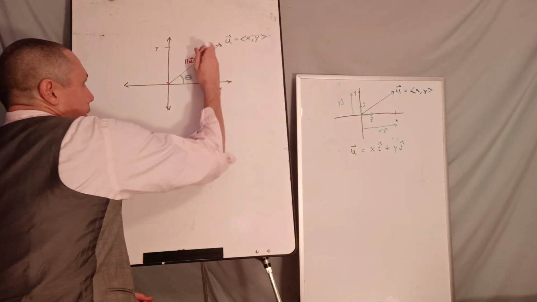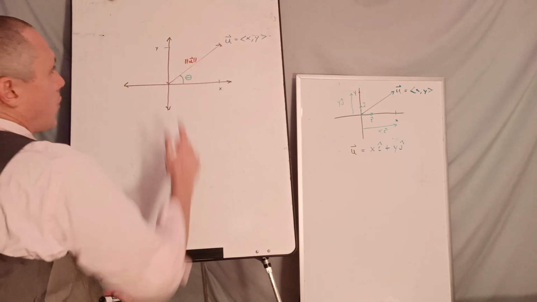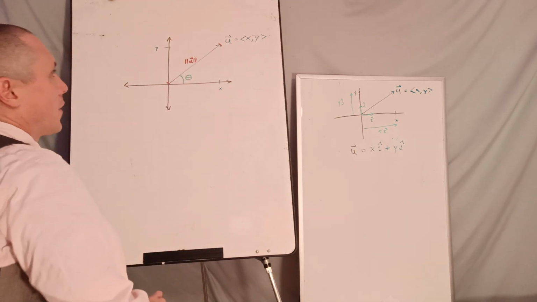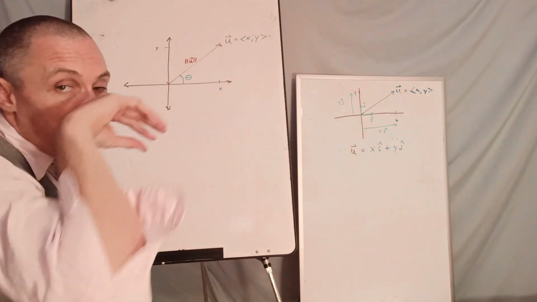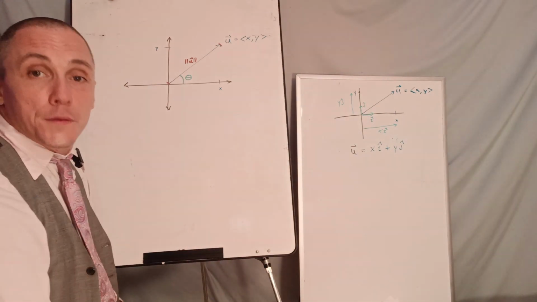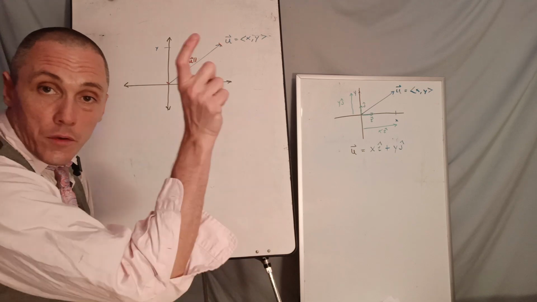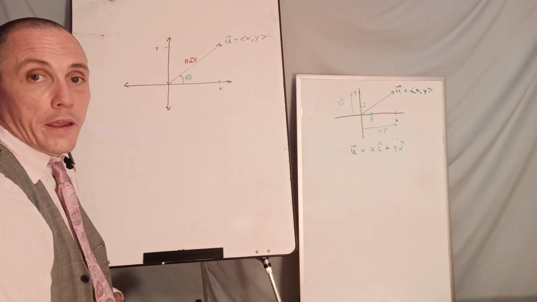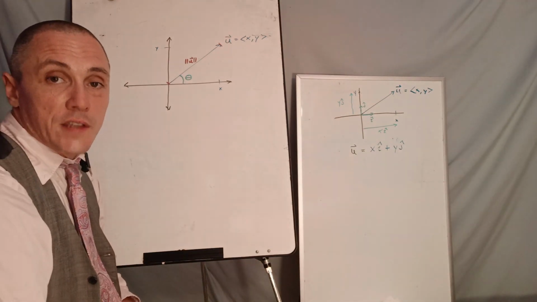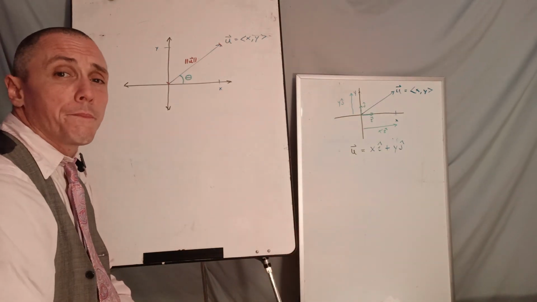And I'll keep with the double lines on each side indicating magnitude of the vector. But you will also see in some books, you'll see single bars to indicate that this is the magnitude of the vector. You'll see abs val used exactly the same way.